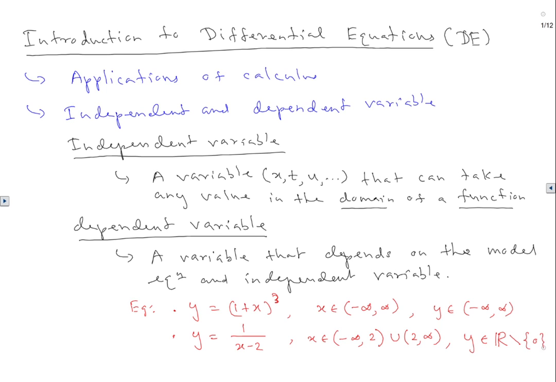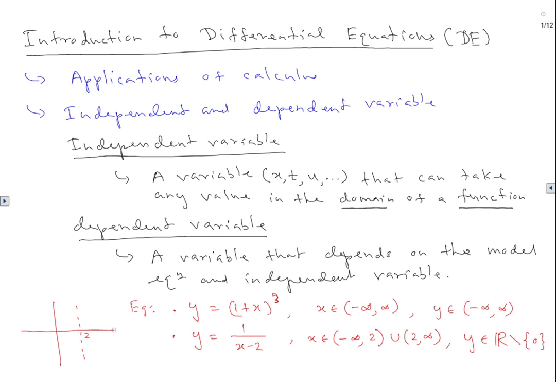You can remove 0 from the values. If you look at the graph of that function, actually I can draw the graph here. What's going to happen at 2? There's an asymptote here. Remember from algebra, there's an asymptote.